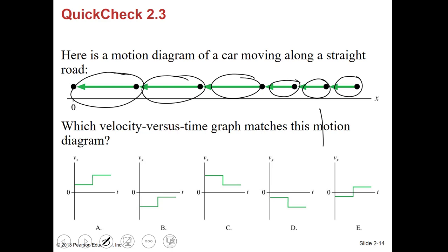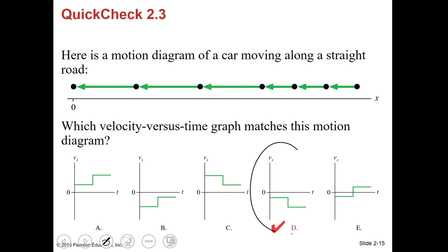The first part here, it's the same. The first 3 arrows are the same length. These 3 are the same length. So negative, constant, but more negative for this part. So that corresponds to this graph. Right here we've got negative and constant, and then more negative, still constant though.